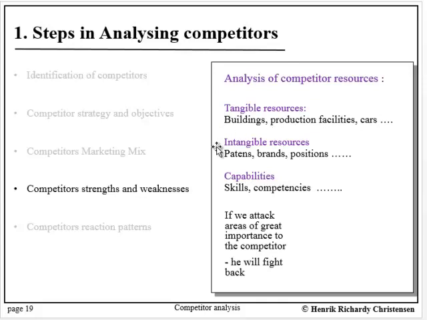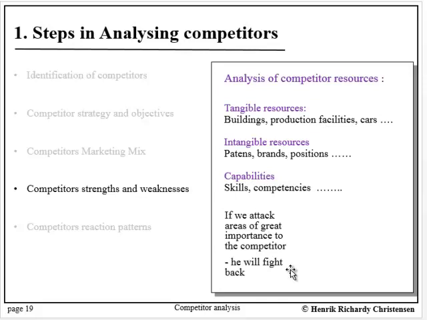They have intangible resources. Maybe they have patents, maybe they have a brand, they might have positions in customers' heads. And they have capabilities, meaning skills and competences within the company. And we need to remember that when we investigate those resources, we can figure out that if we attack areas of great importance to the competitor, he will probably fight back.